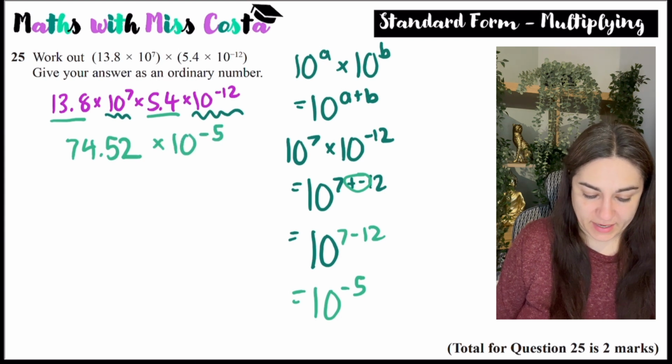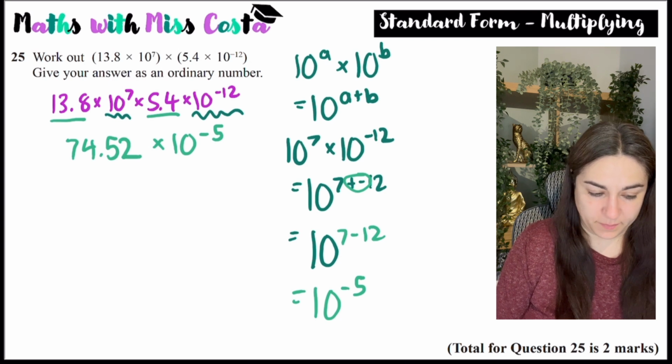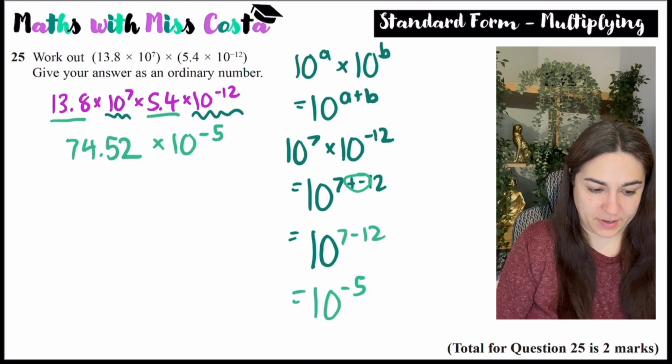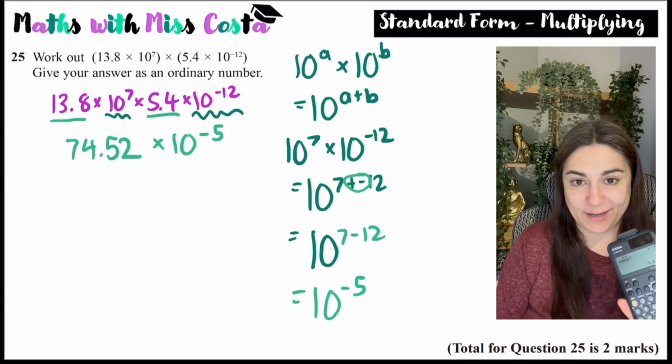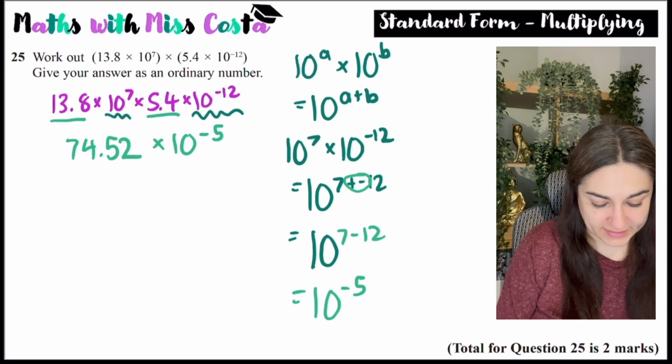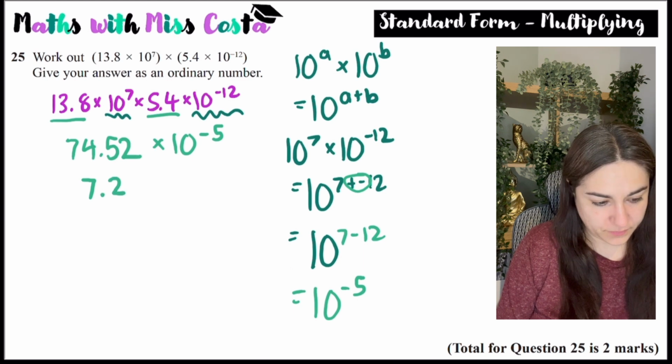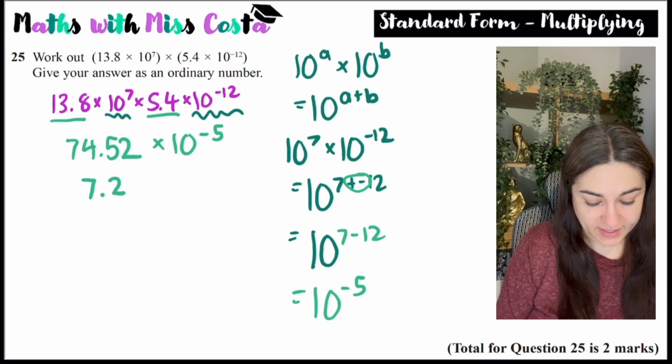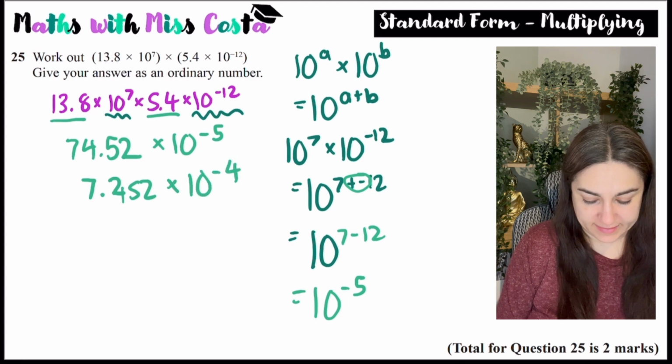Now I need to give my answer as an ordinary number. So 74.52 times by 10 to the power of negative 5. If I type that into my calculator, it simplifies it to standard form, so that's not going to help you. So it tells you that it's 7.452 times 10 to the power of negative 4.